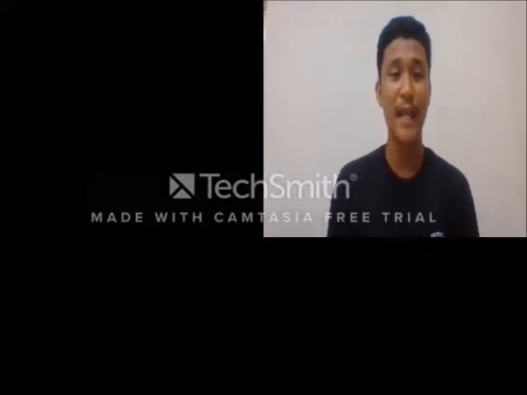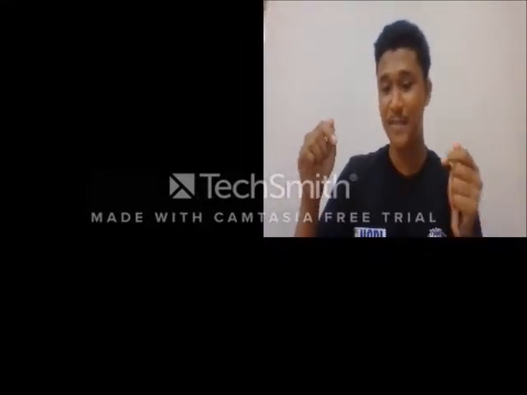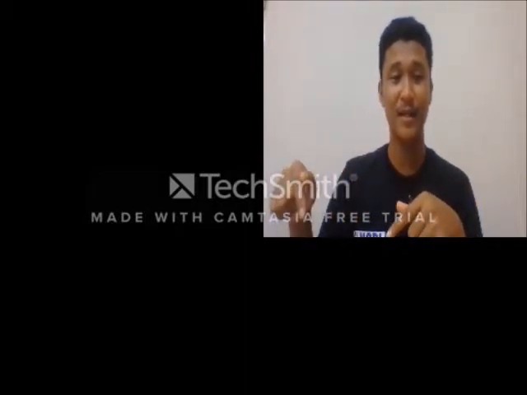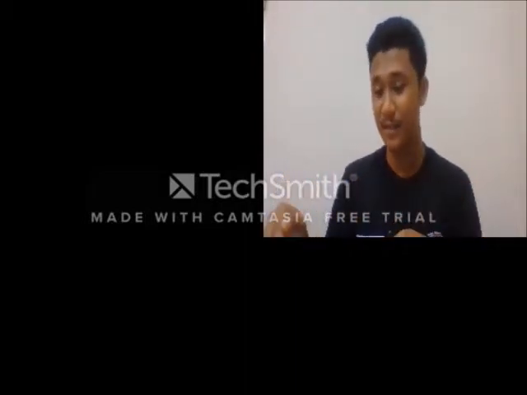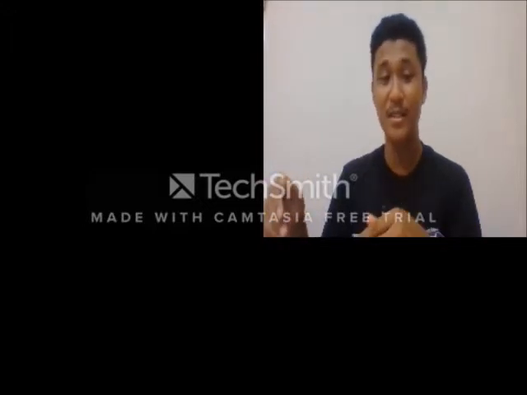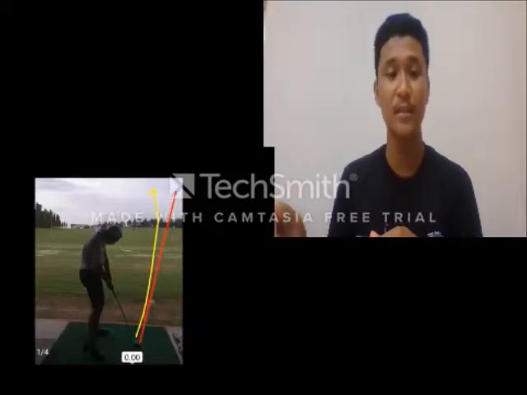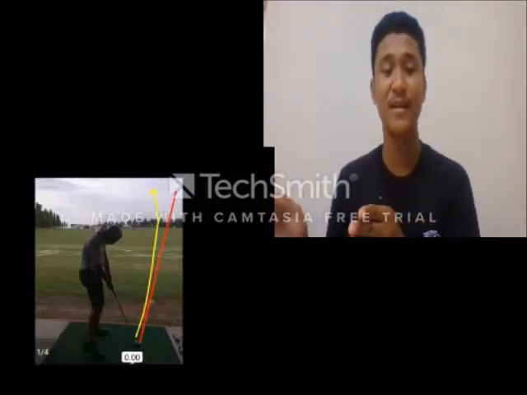Next, let's look at another picture, which shows the result of the golfer hitting the ball. The yellow one is the square face, and the red one is the open face.